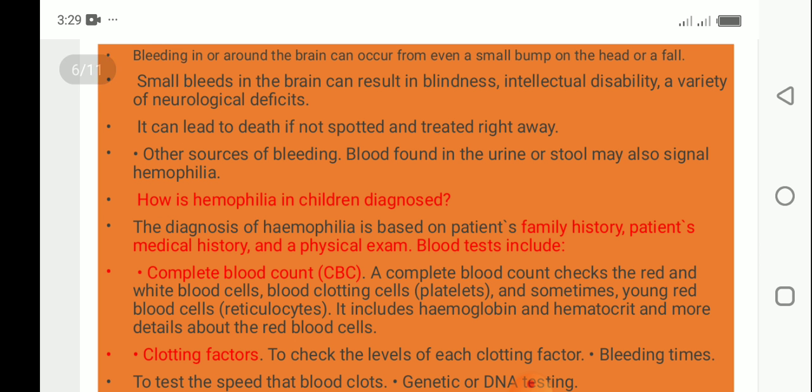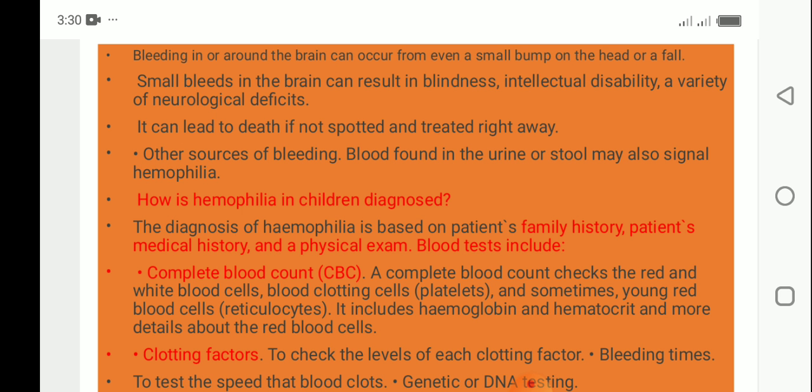Usually it is due to a small bump on the head or a fall from a height. Small bleeds in the brain can result in blindness, intellectual disability, and neurological deficits. It can lead to death sometimes if not spotted and treated in the correct way, in time.